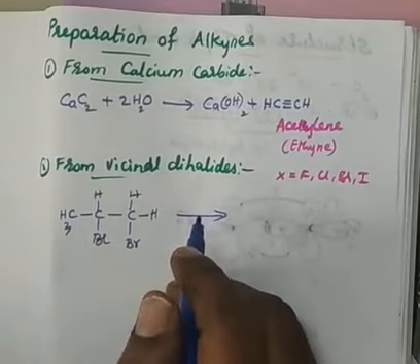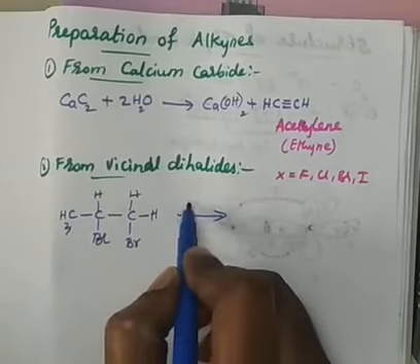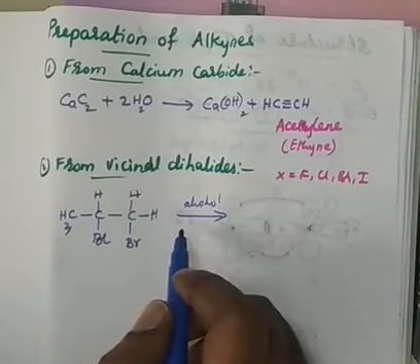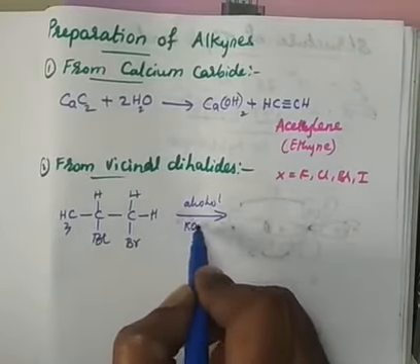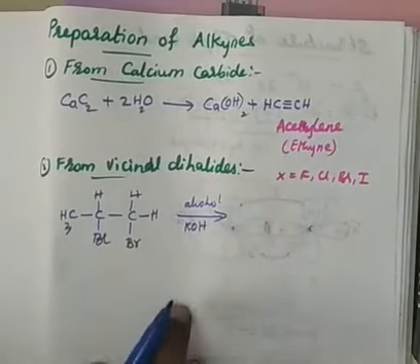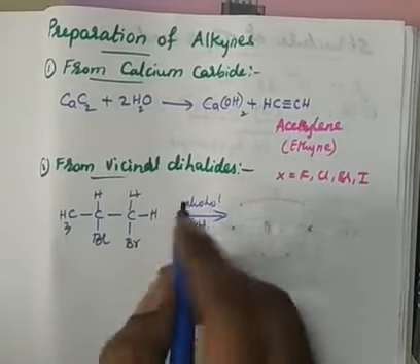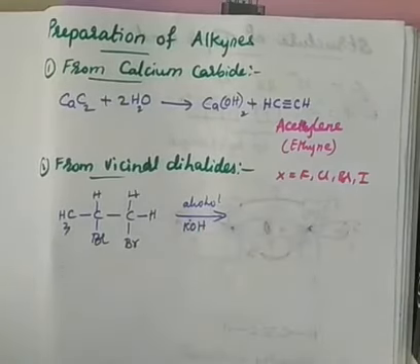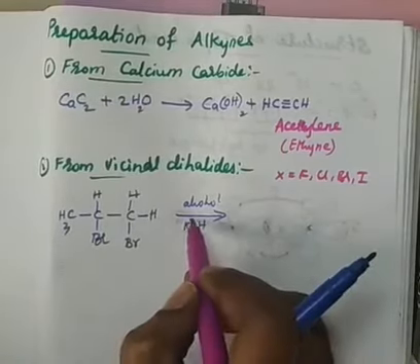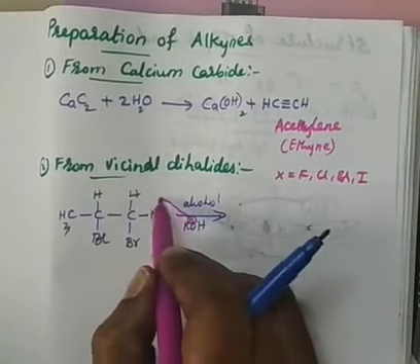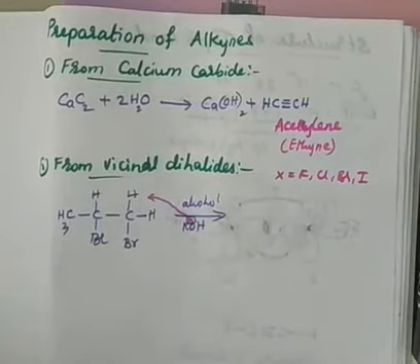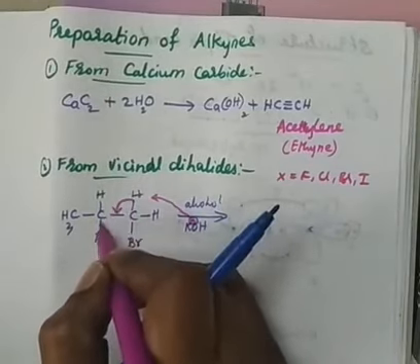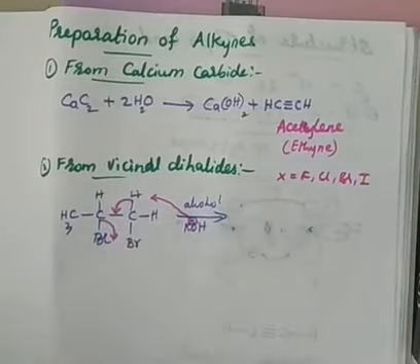Dehydrohalogenation can be done in the presence of a base, alcoholic potassium hydroxide, KOH, because a base means OH minus producing compounds, right? The base will abstract one of the protons from here, and this gives off its electrons to form a pi bond, and Br minus will go off.